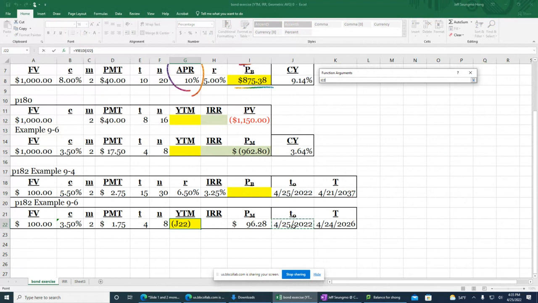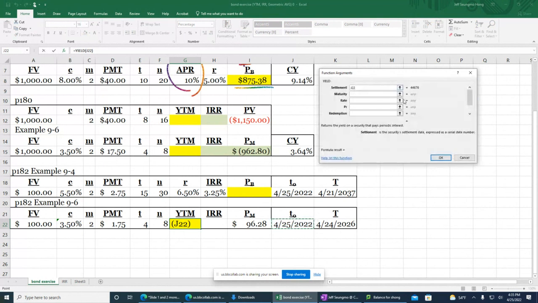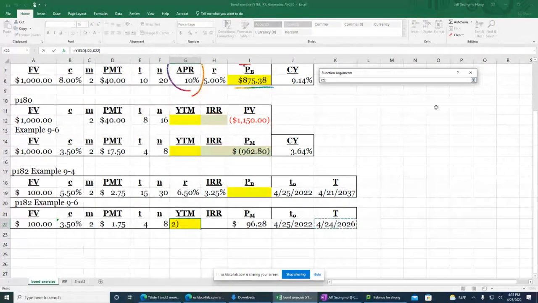And whether you really buy the bond or not, it doesn't matter. Even if you don't really buy the bond, you're just assuming, for valuation purposes, that today you buy it. That way, today's date will be time 0, right? And then maturity, you give maturity.